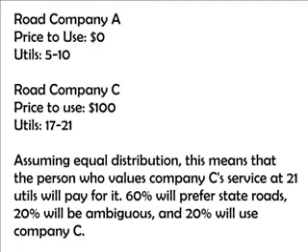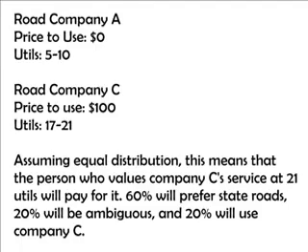With Road Company C, the price to use is $100, but the utils received from using Road Company C is 17 to 21. And so let's just assume there's equal distributions. There's an equal number of people who receive 17 utils, 18, 19, 20, and 21 utils. It's a perfect distribution. We'll just pretend that's what happened.